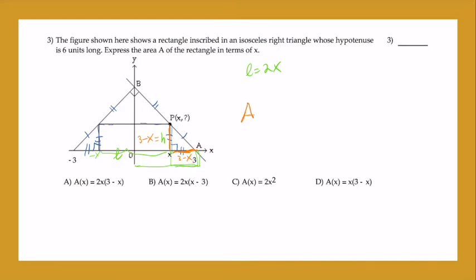So to find the area in terms of x, I'm going to take the length times the height, because we're finding the height for the rectangle. So that's what I meant. We're finding the height of the rectangle, not the triangle. This is a rectangle.